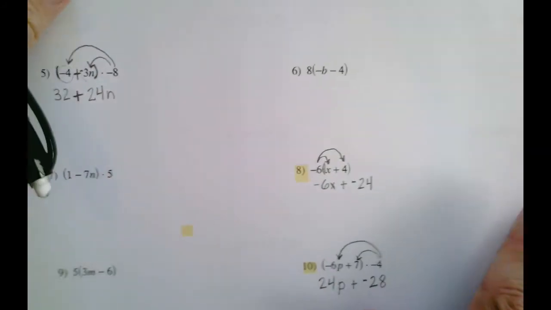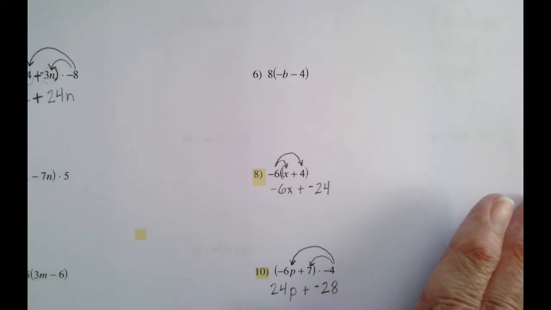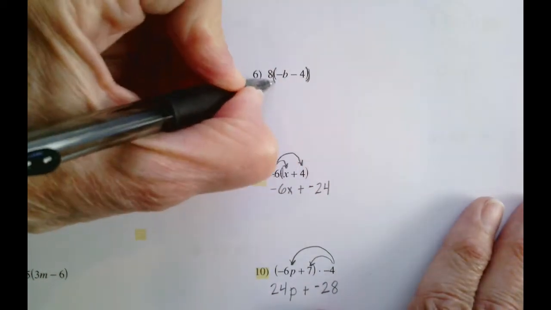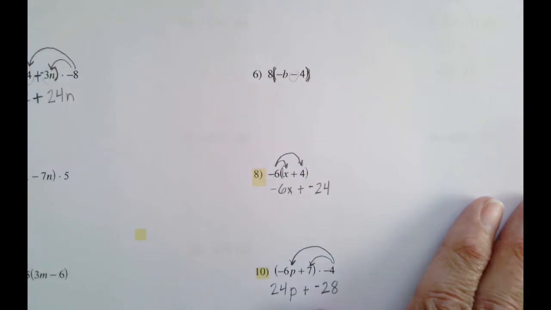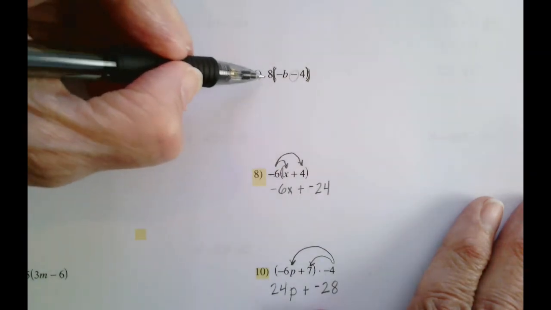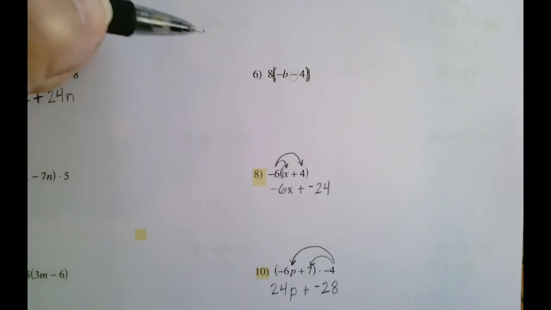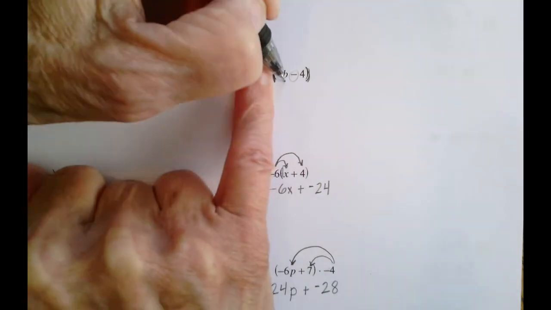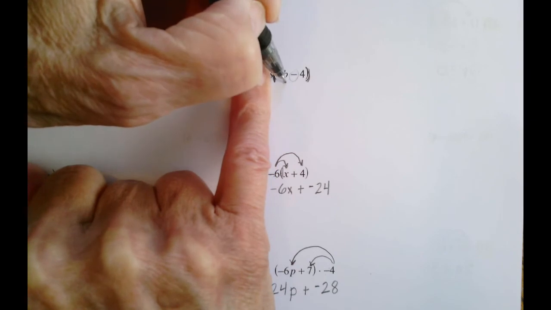Let's move over to number 6. Again, I'm focusing on what is inside these parentheses because that's where the subtraction is taking place. The subtraction is not taking place outside the parentheses. So in looking at this, I leave this first part alone.